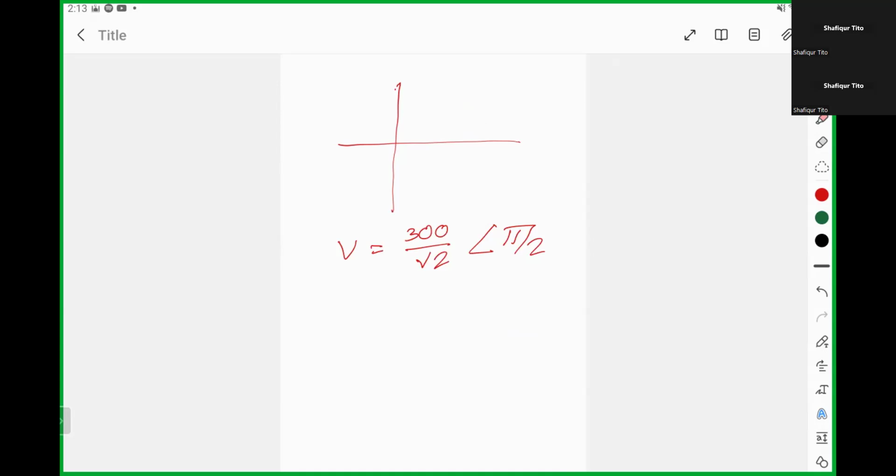How can I use the graphical representation?